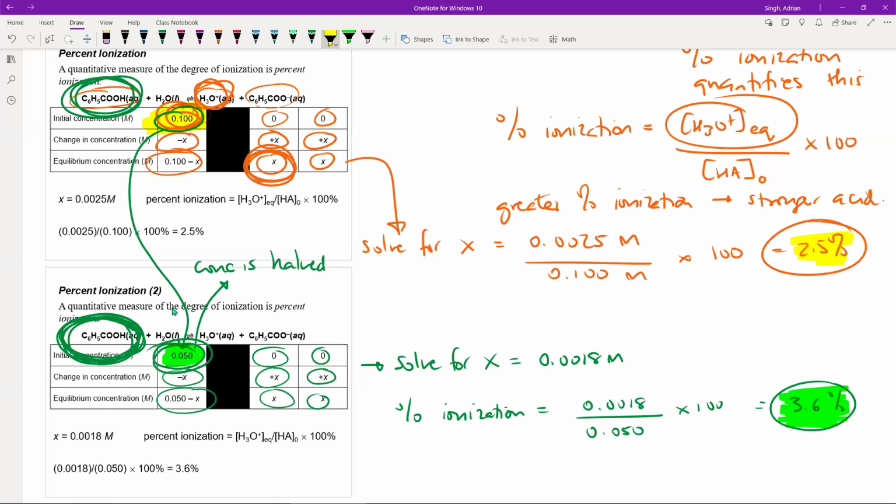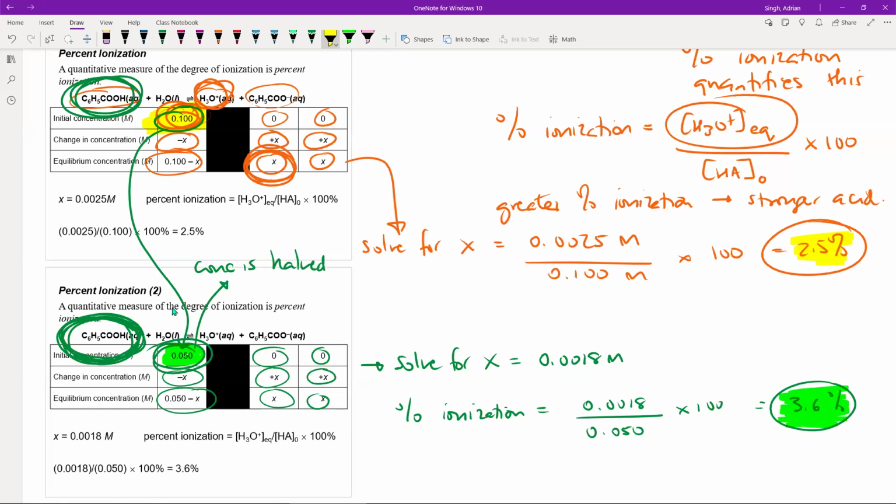In the second example with the lower initial concentration, we find that our reaction quotient is smaller than our acid ionization constant, which means that the reaction has to go to the right in order to establish equilibrium.